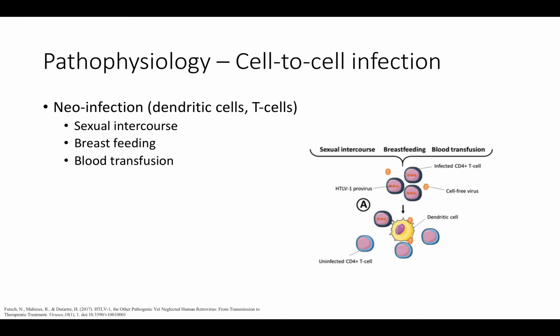And this is generally really unfortunate for the mother because the mother is mostly unaware of the infection and then unknowingly transmits the virus to the newborn. And so then that newborn is infected for the rest of its life. And then the third major way is through blood transfusion, blood products, sharing needles, or any other type of blood transmission. And all 3 of these are considered neo-infection.